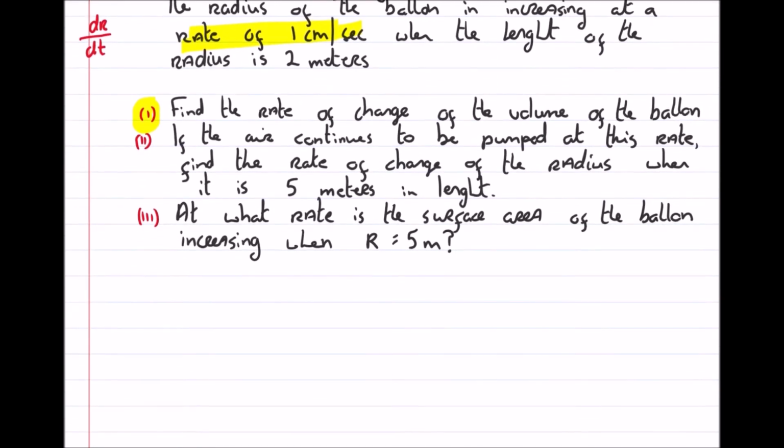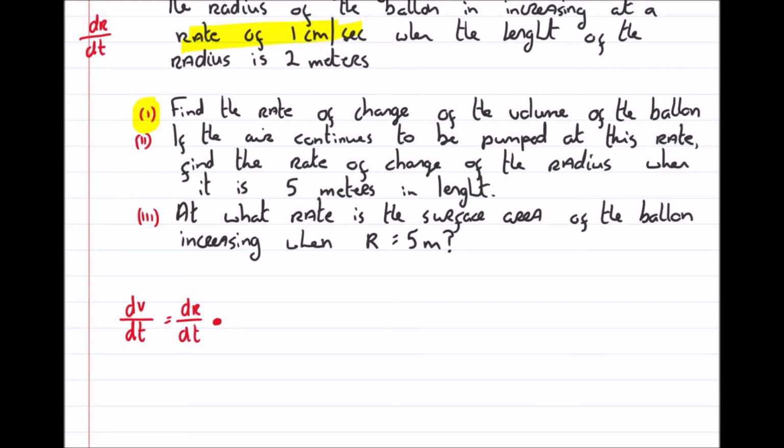Find the rate of change of the volume of the balloon. Okay. So the first thing we do, write down the rate of change we want. And we want dV, volume of the balloon, over time. Rate of change we have, dr/dt.